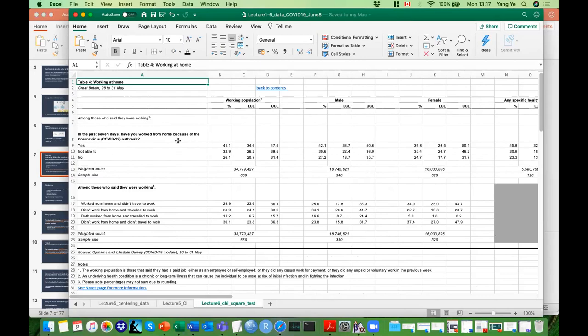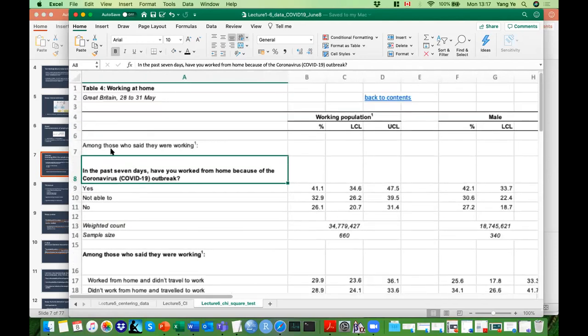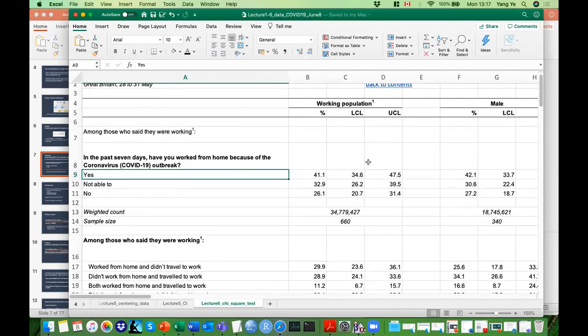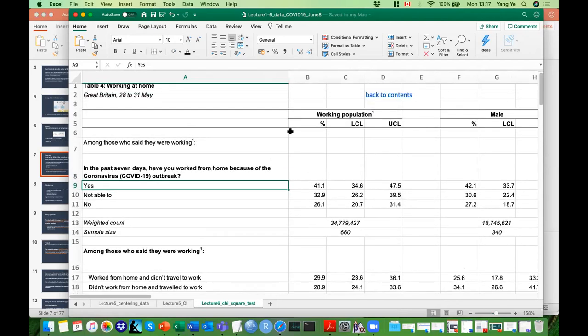And you can see that a sample of 1,000 respondents, or actually a sample of 660 respondents, also provided responses to the question, first of all, have you worked from home? And in this exercise, we want to do an interval estimation for the answer yes.